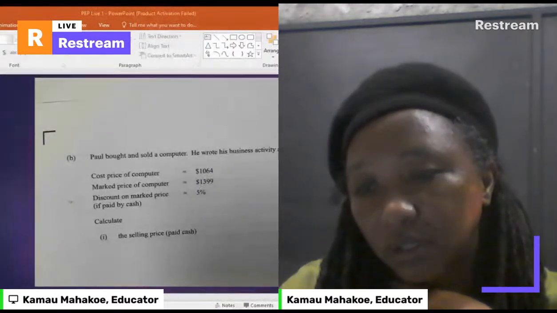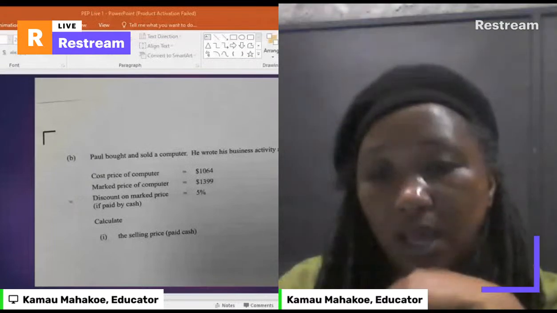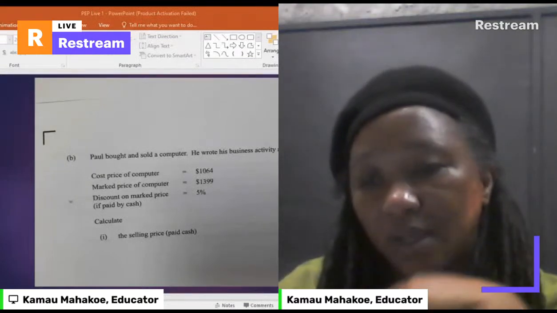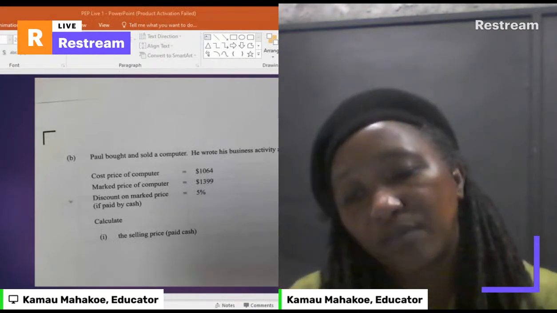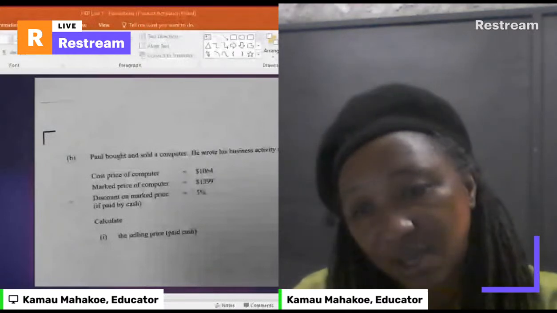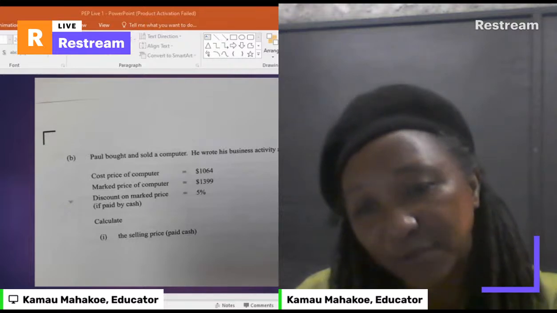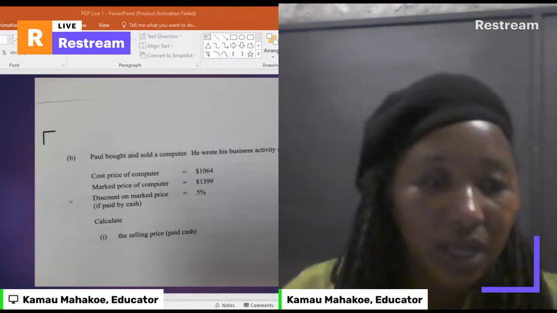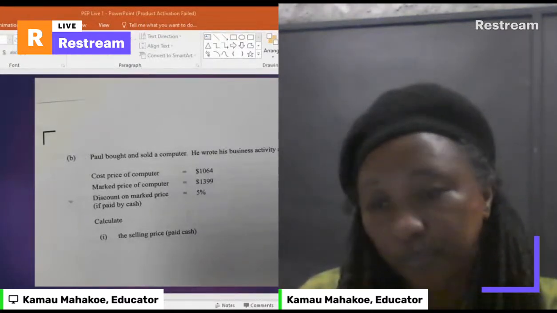The cost price of the computer is $1,064, and the marked price of the computer is $1,199. The discount on the marked price, if you pay cash, is 5%. Okay. All right.